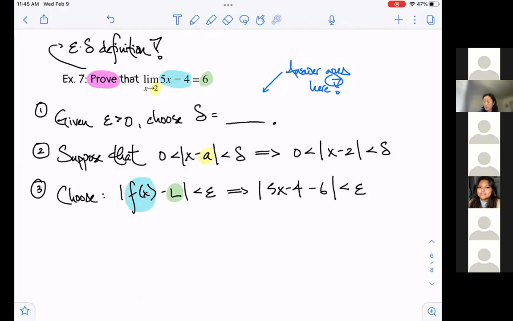Here's what's going to happen. We're going to simplify this so that we match it to what we found in step 2. 5x minus 4 minus 6, I can rewrite that as 5x minus 10. Everyone buy that?